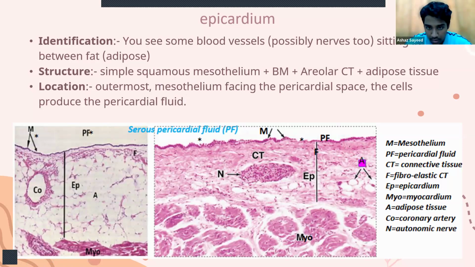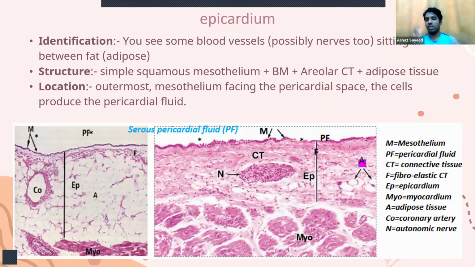So you guys can see here, first you have the mesothelium, which is written M in the image. Under it, you can't really see the basement membrane here because it's really thin. Under that, you're gonna have your connective tissue and fat. This is the connective tissue, and then under that, you're gonna have this fat right here, this white colored fat. So that's all about the epicardium.